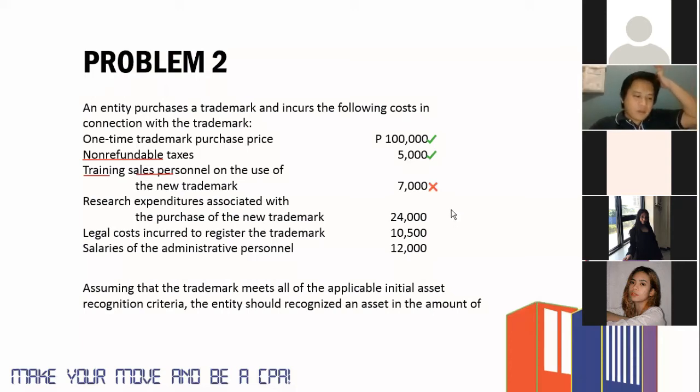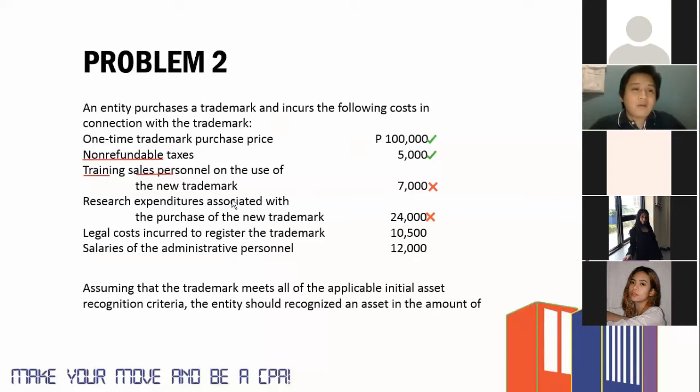Okay? How about research expenditures associated with the purchase of the new trademark? Okay? So wala tayong research on this part. The question is, bakit? Okay? Now remember, we only engaged in purchasing the trademark itself.